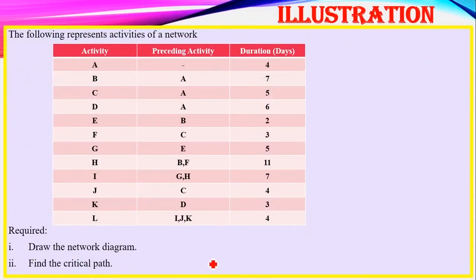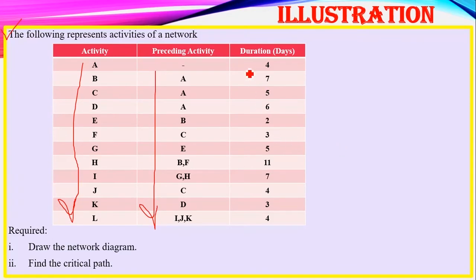Okay, so let's look at a comprehensive illustration when it comes to network diagrams. The illustration goes as follows. The following represents activities of a network. So you're given the activities here, and you're given the preceding activity. Preceding activities are the activities coming before, right?